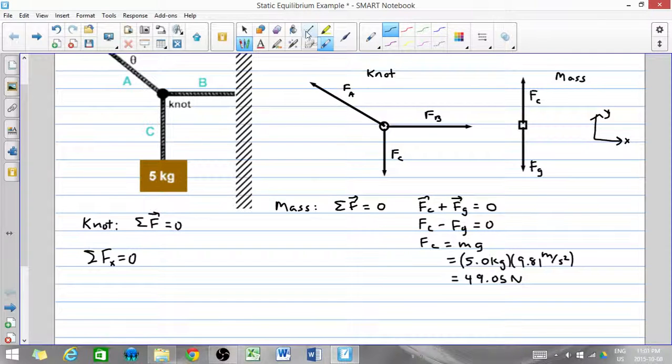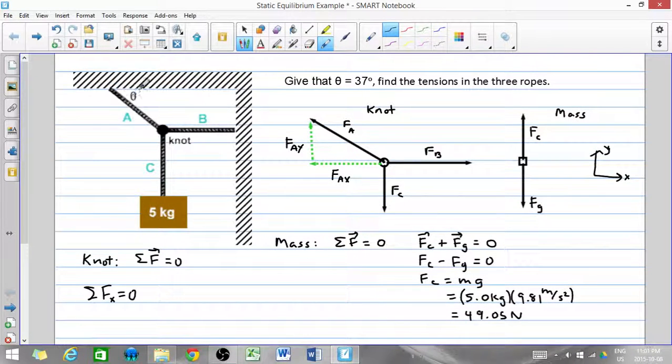So let's draw in components of A. So we've got FAX and FAY. It was given in the problem that this rope A is hanging at a 37-degree angle, and by Z pattern, that means this angle must be 37 degrees as well.